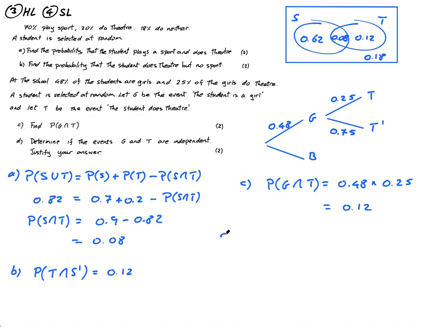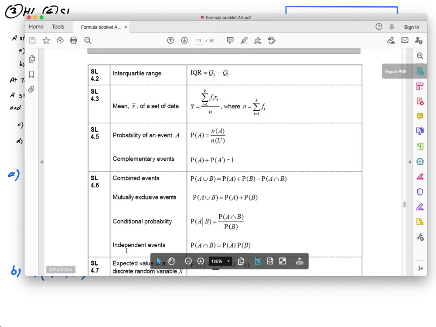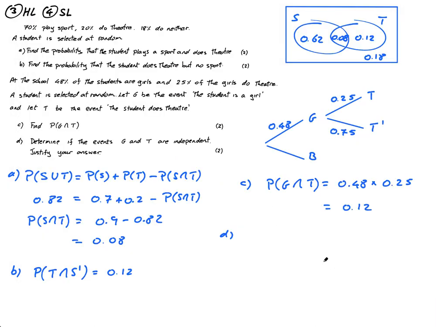Last question, part D. It says, determine if the events G and T are independent. Justify your answer. So if they are independent, go back to this formula that I said, guys. If they're independent, the probability of A and B is equal to the probability of A times the probability of B. So let's write that.